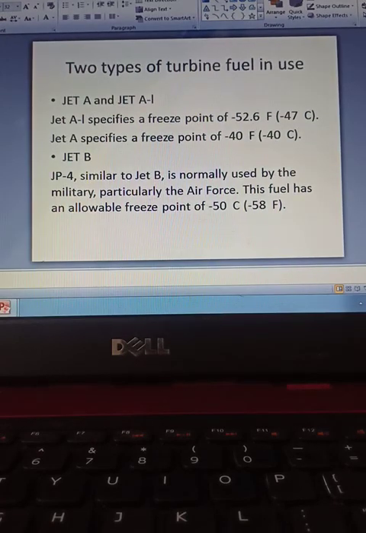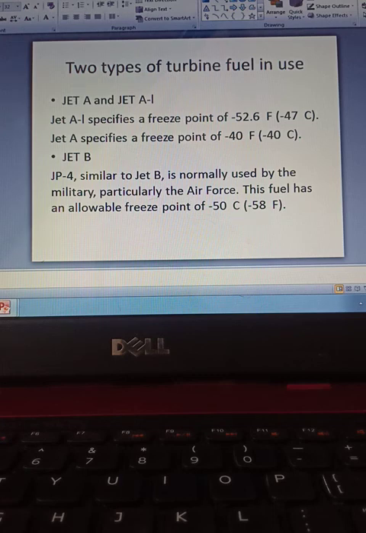Okay, Jet A1 specifies a freezing point of negative 52.6 degrees Fahrenheit or negative 47 degrees Celsius. For the Jet A, the freezing point is negative 40 degrees Fahrenheit or negative 40 degrees Celsius.